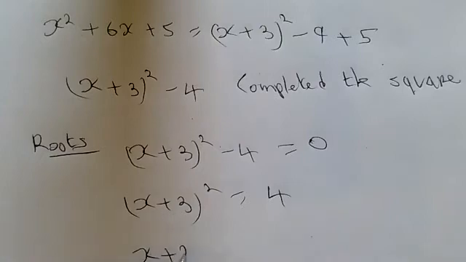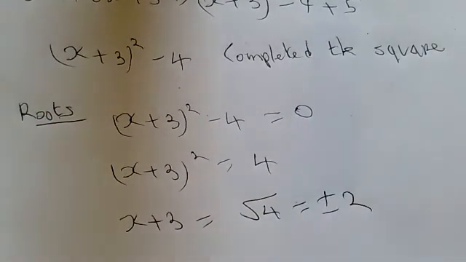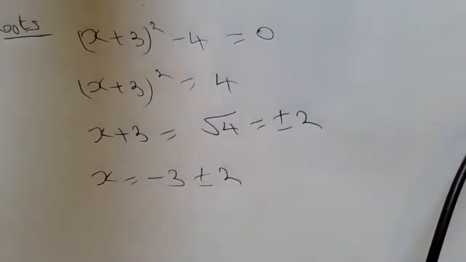And x plus 3 would be the square root of 4, which is plus or minus 2. That's cool. And then I can say that x will be minus 3, bring it across the equal sign, plus or minus 2. And there's my roots.